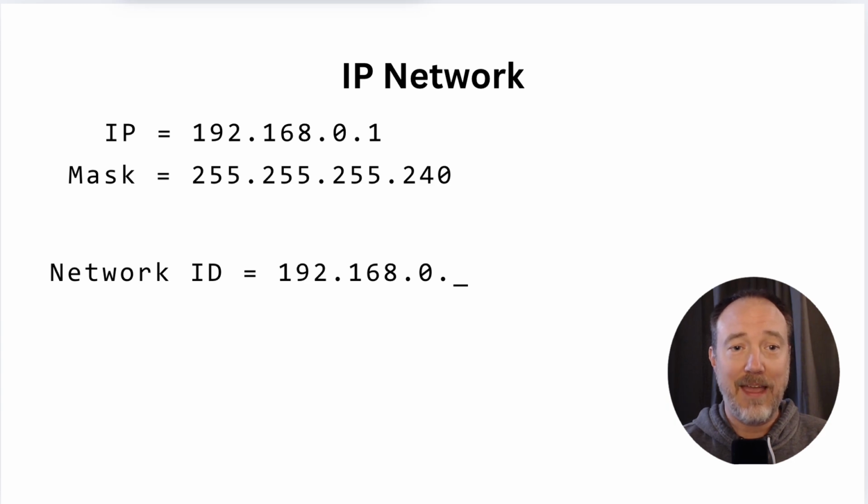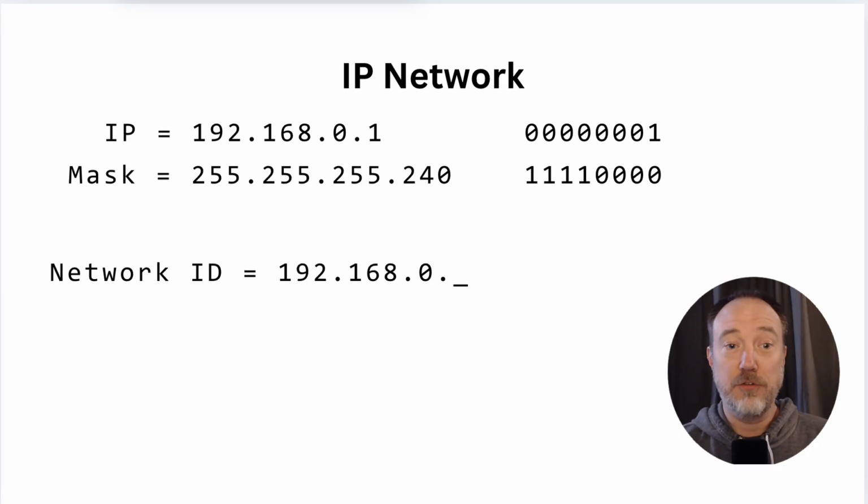So to find the last octet of the network ID, let's look at the binary. The 1 in the last octet of the IP address will be 7 zeros and a 1 in the ones place. That's the binary representation of that octet for the IP address. The 240 in the last octet of the subnet mask is going to be 4 ones followed by 4 zeros.